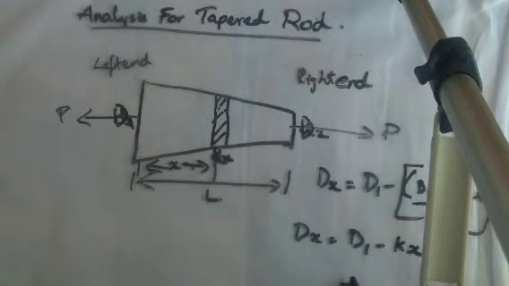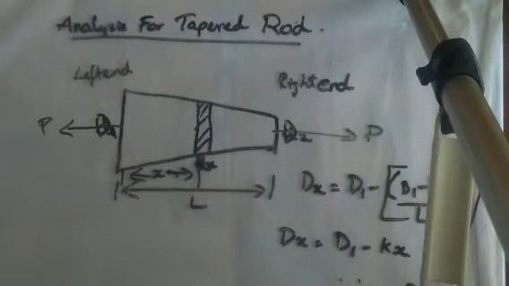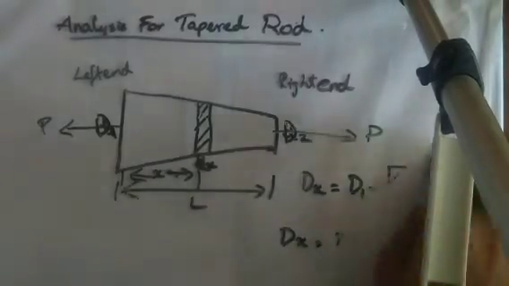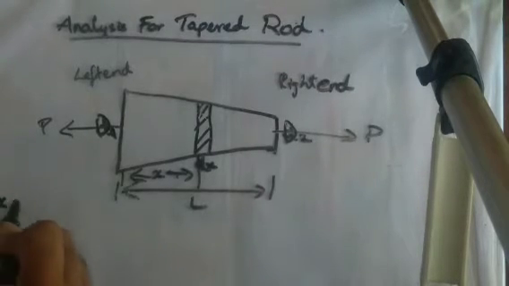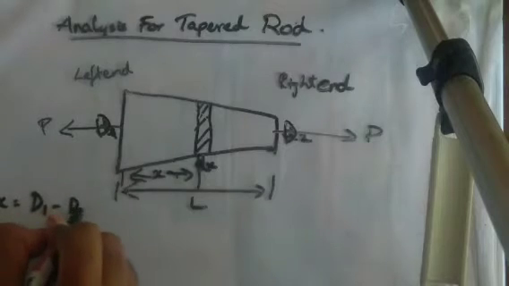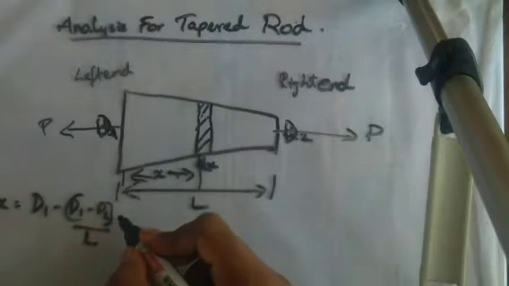What is k? k is equal to (d1 minus d2) by L. So the expression for the diameter D_x is d1 minus (d1 minus d2) divided by L into x.